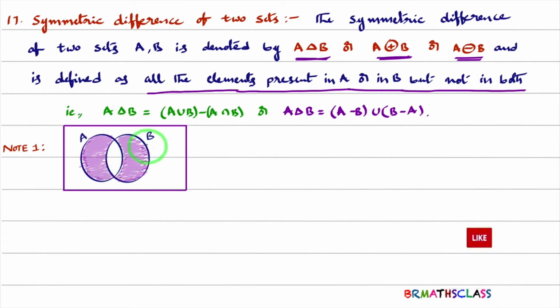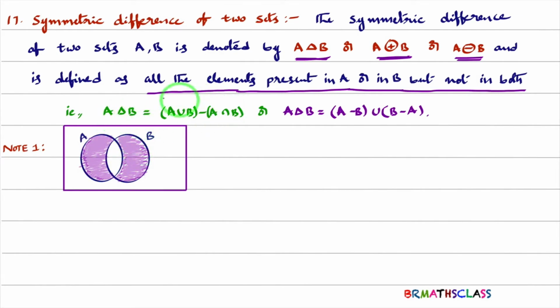Please try to understand. A delta B is nothing but A union B, and from A union B, if you remove A intersection B, we get all the elements present in A union B but not in A intersection B. That means all the elements present in A or in B but not in both. Whatever the shaded part is here, this part plus this part, this is the symmetric difference between two sets.